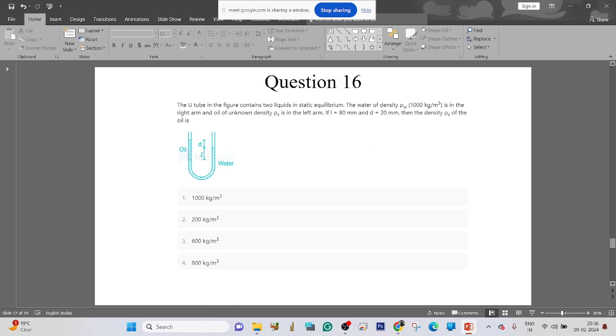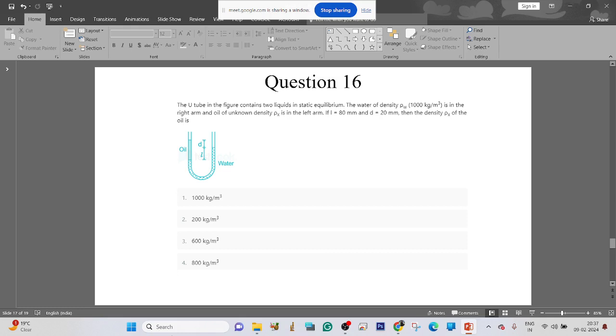Simple, similar only. 800. Yes, it's very easy.